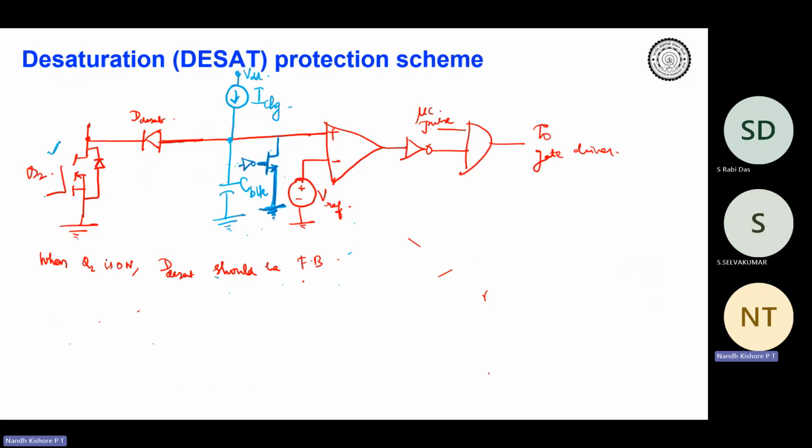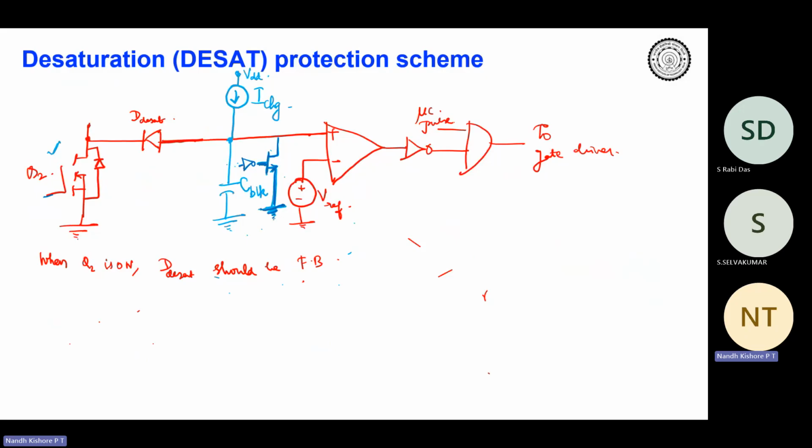If this is the gate pulses that you are giving to Q2, then this MOS would be fed with pulses which are not the Q2 pulse. We will come back to why this NMOS is required.